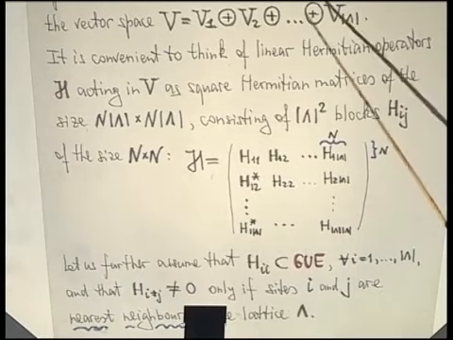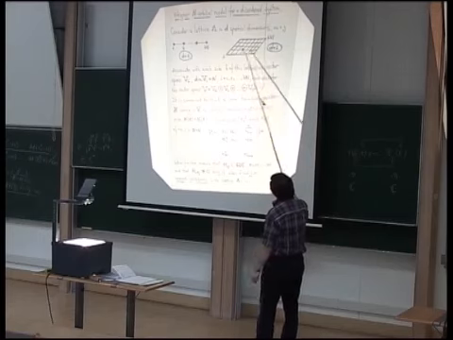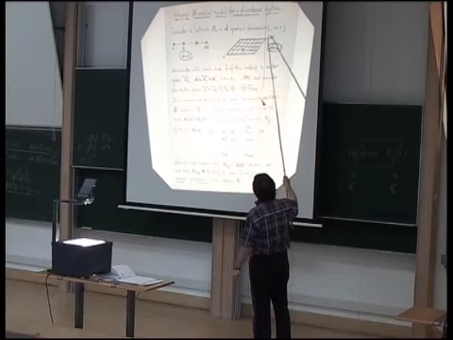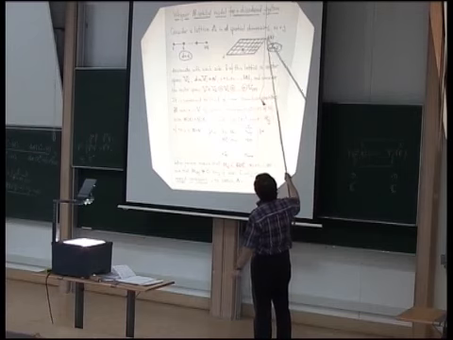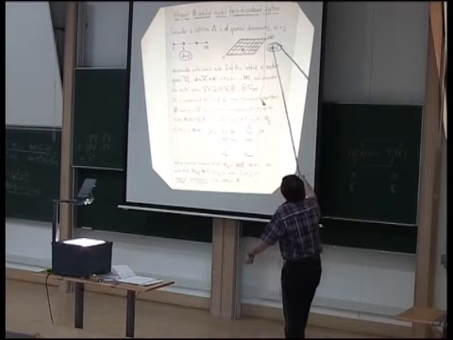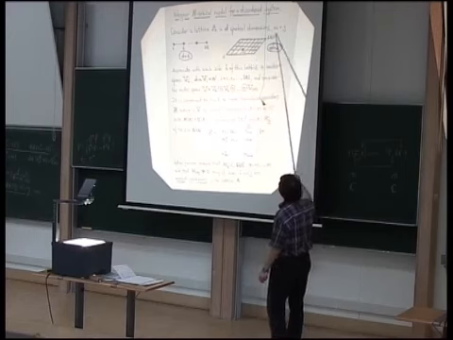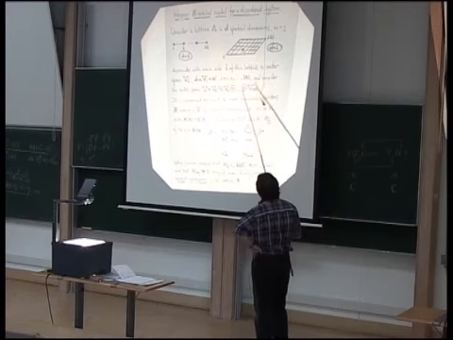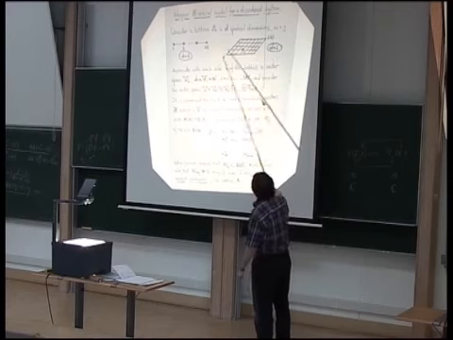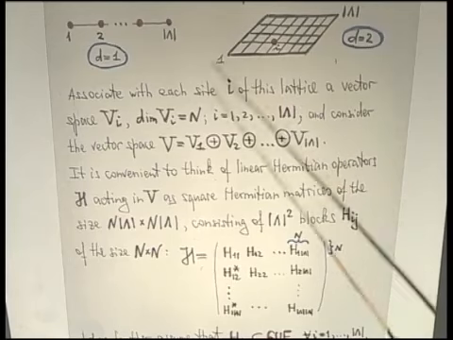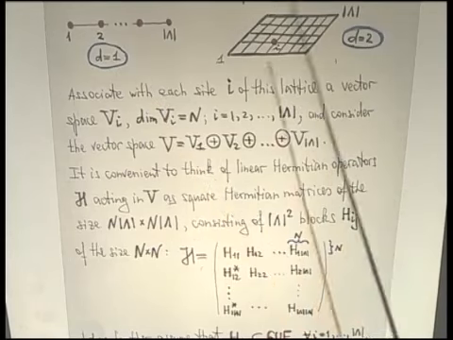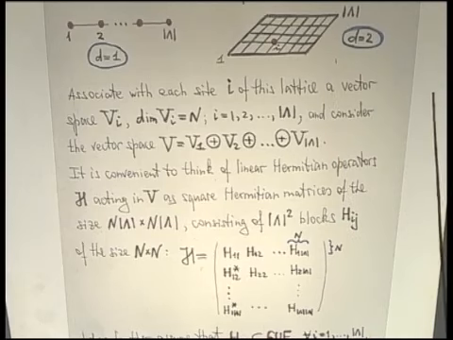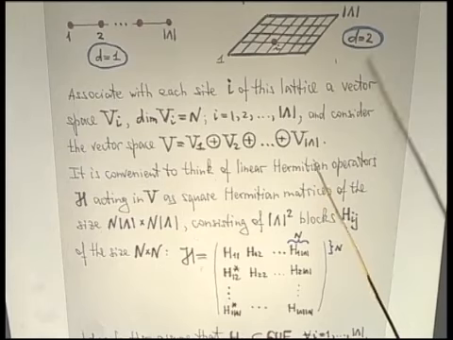So let us really consider a lattice Lambda, with the cardinality of Lambda being just the number of sites in this lattice. Just for simplicity of drawing, in d equals 2, here it's d equals 1, just a chain. In d equals 3 it will be, say, a cube, and so on.